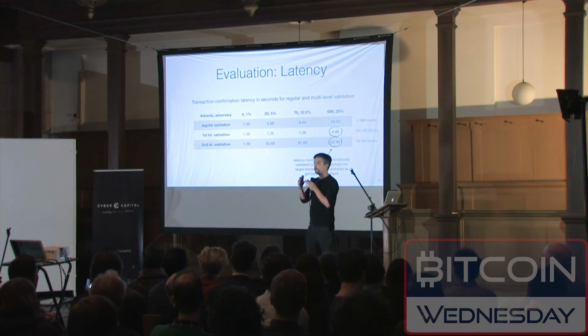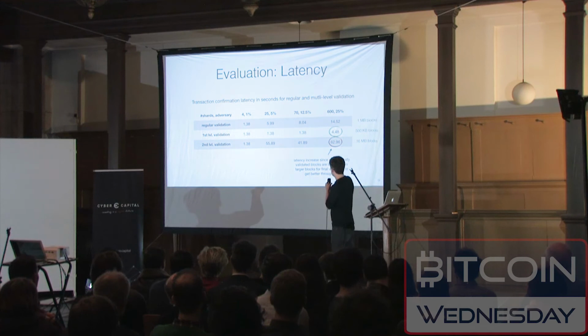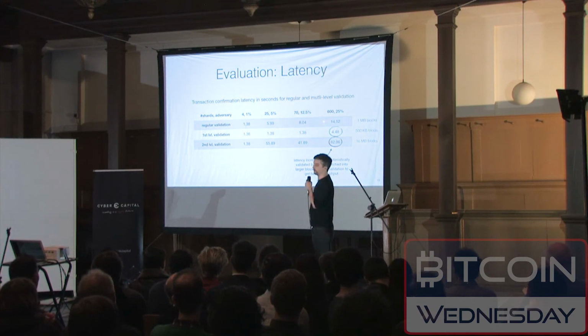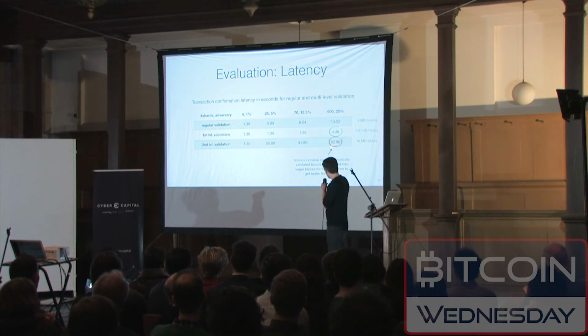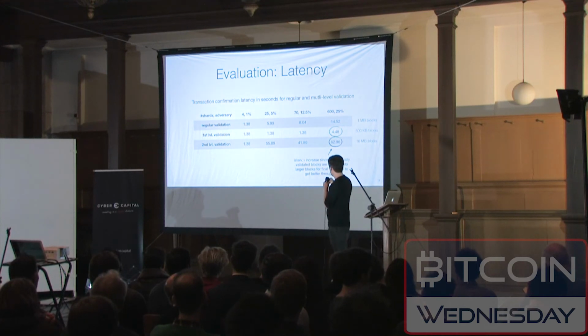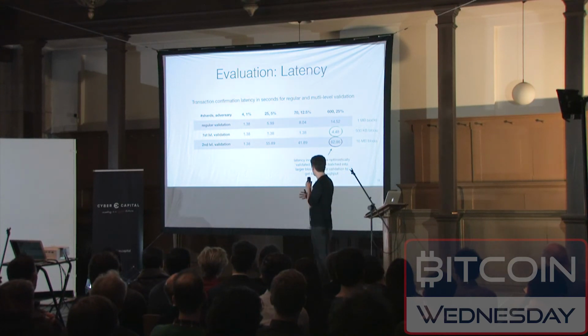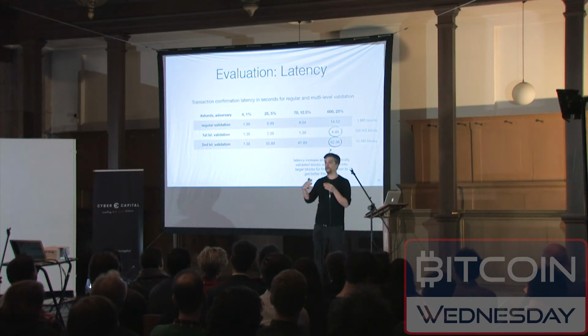And when you move to this 2-step validation process, then the optimistic validation is after 4 seconds, whereas the second level validation is after roughly 1 minute. And of course, this latency increase is due to the optimistic blocks being batched into larger blocks for the final validation to achieve a better throughput.